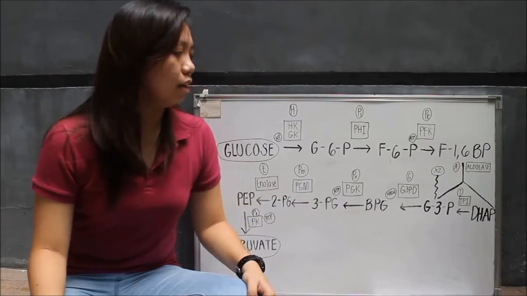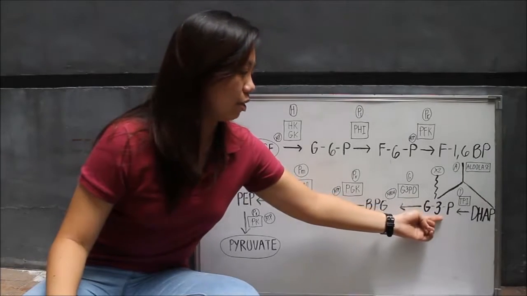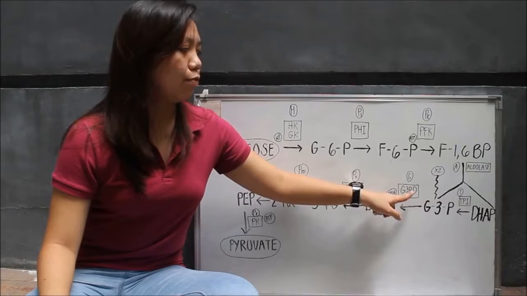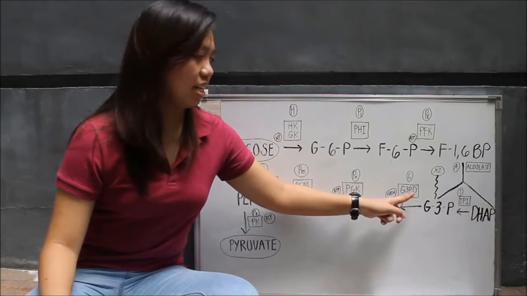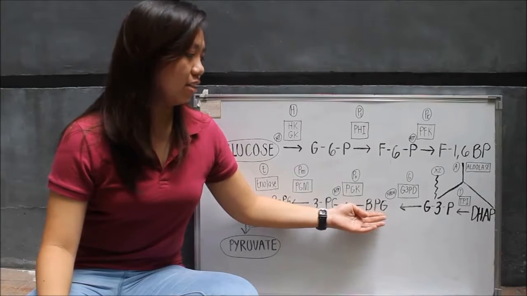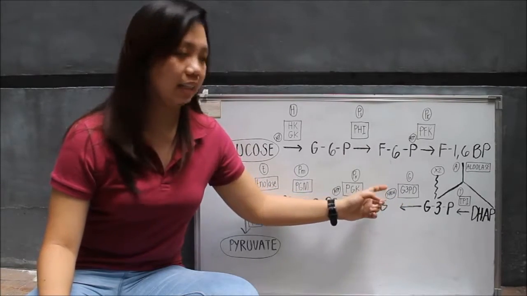start. Okay, what is the first process? Glyceraldehyde 3-phosphate, using the enzyme glyceraldehyde 3-phosphate dehydrogenase, will be converted into bisphosphoglycerate with a yield of 1 molecule of NADH.